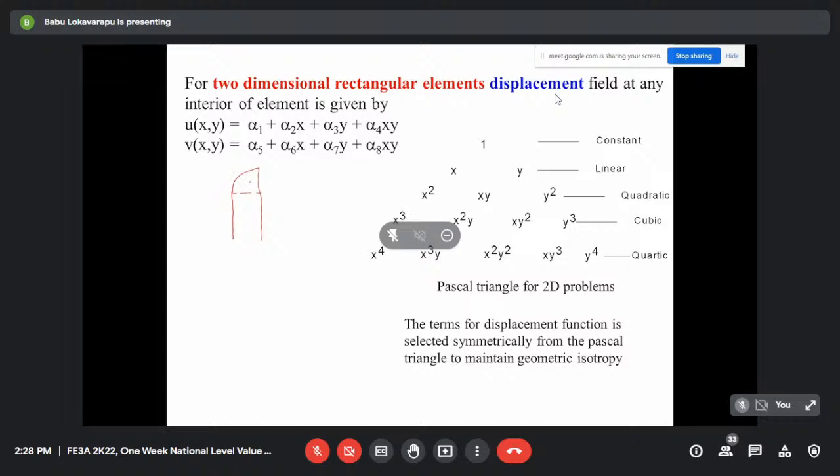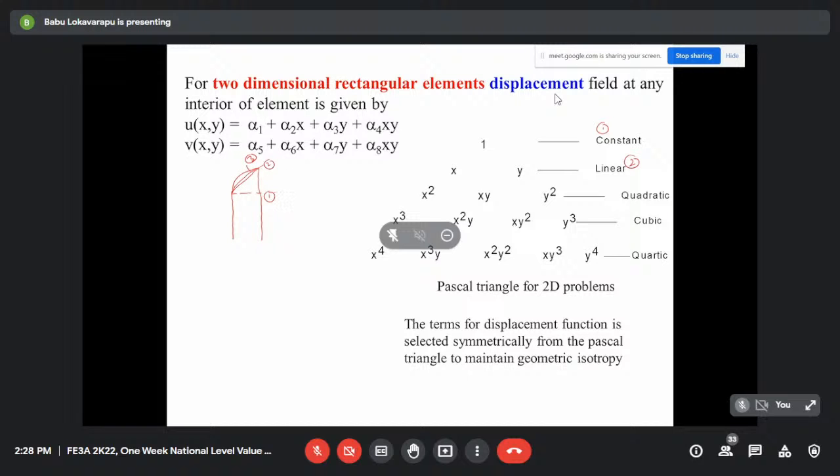This much is error. Then I tried linear. Let us say this is constant, 1. Still the error is more. So in the second case, I have taken linear. Then I tried quadratic. Quadratic means I am taking a curve like this. Let us say this is third.